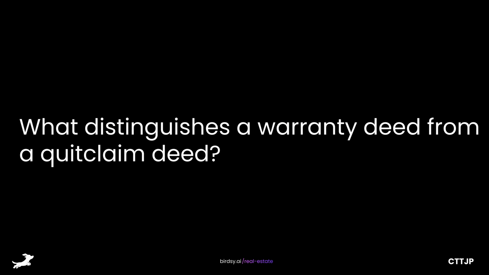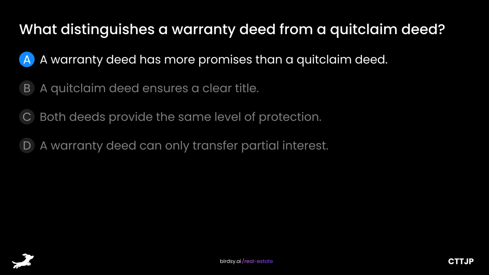What distinguishes a warranty deed from a quitclaim deed? Is it A, a warranty deed has more promises than a quitclaim deed, B, a quitclaim deed ensures a clear title, C, both deeds provide the same level of protection, or D, a warranty deed can only transfer partial interest?